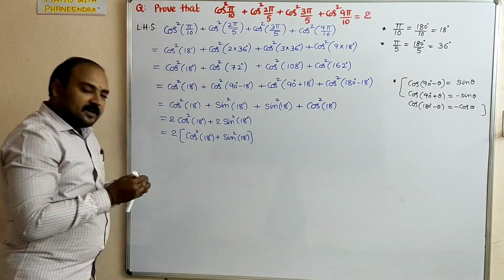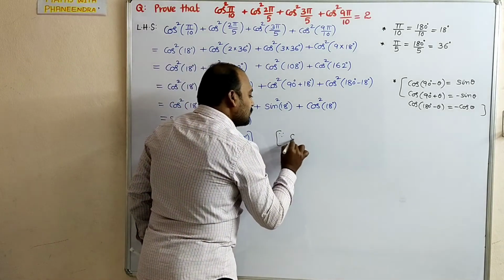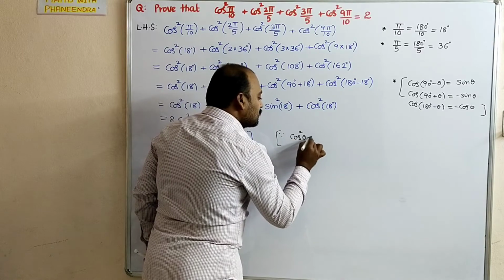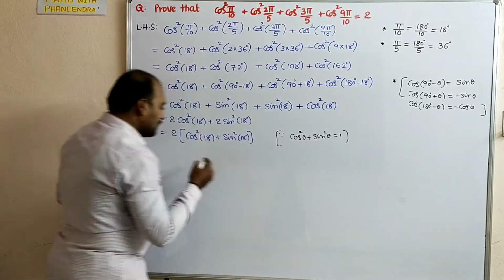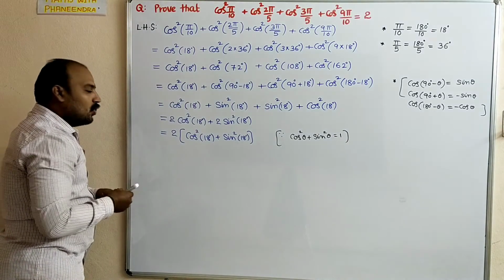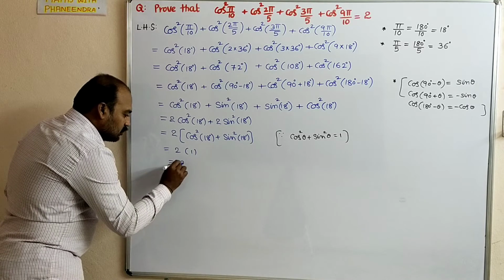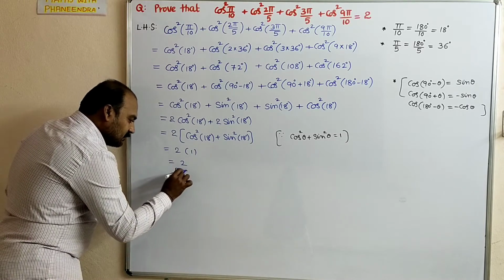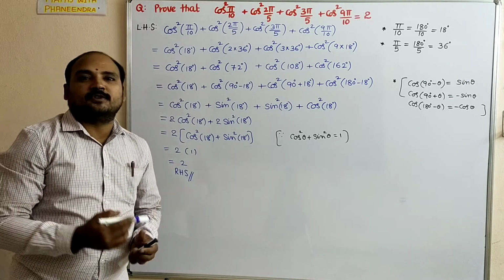We know from identities that sin square theta plus cos square theta is 1. So by using this identity, this bracket value is 1, which gives 2 into 1, which is equal to 2, which is the required RHS. Hence proved. We'll move to the next question.